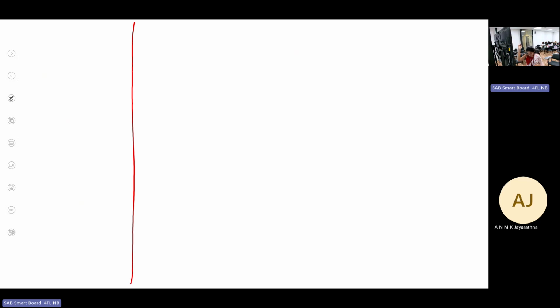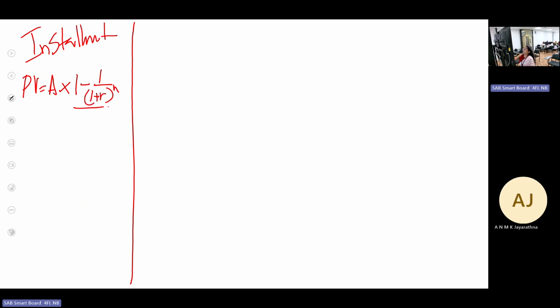First one, installment. PV equals annuity multiplied by 1 minus 1 divided by (1 plus R) to the power n, divided by R. PV is 100,000.